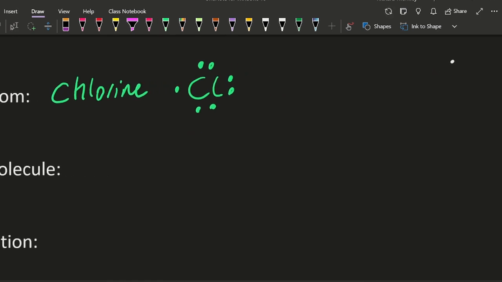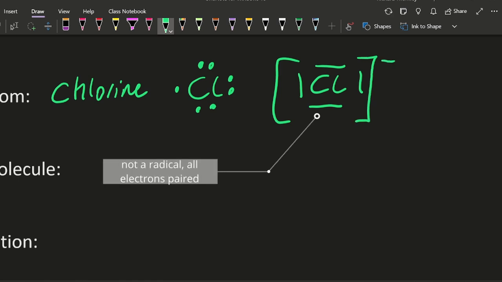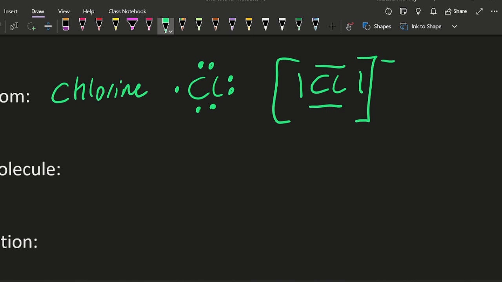Now, that's not to be confused with a chloride ion. The chloride ion is 2, 8, 8. That has 1, 2, 3, 4, 5, 6, 7, 8 electrons, in 4 pairs. Note that you can do lines, and those lines represent a pair of electrons. That can be 2 crosses, 2 dots, as you like.